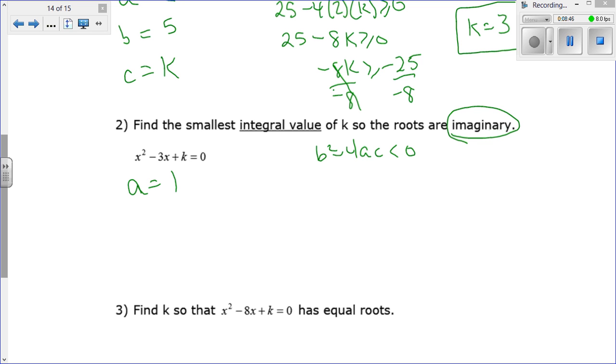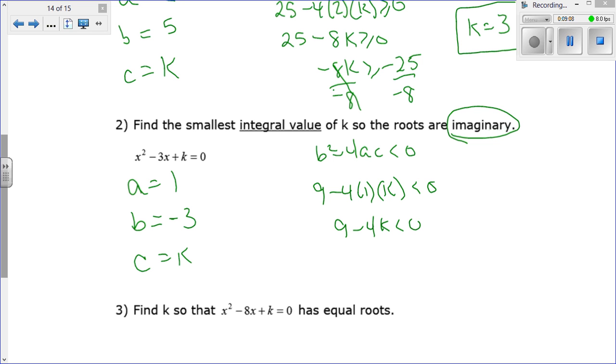A, in this case, is 1, b is negative 3, and c is k. So when I plug it in, I will get negative 3 squared is 9 minus 4 times 1 times k less than 0. So 9 minus 4k less than 0.